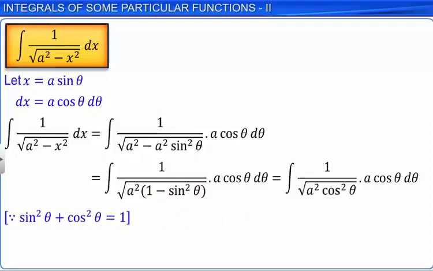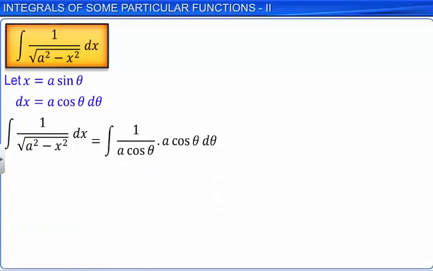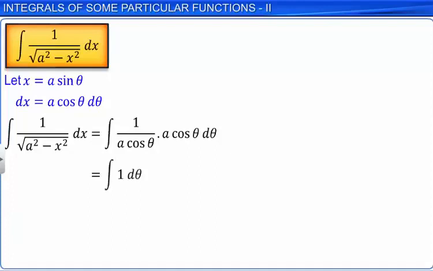This gives the integrand as a cos theta divided by a cos theta. Cancelling the common factor from the numerator and the denominator, we get integral of d theta. On integrating, we get theta plus c. Now x is equal to a sine theta.